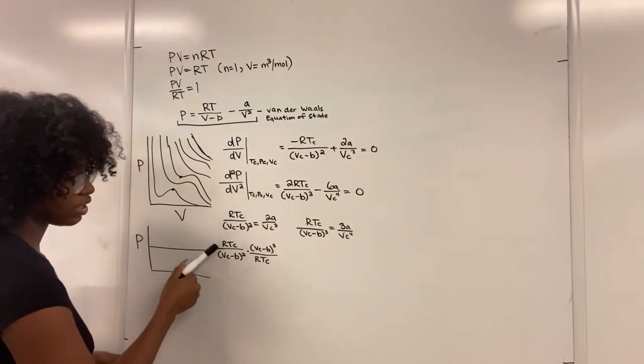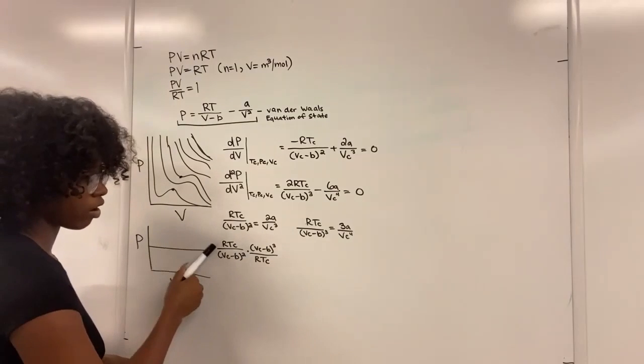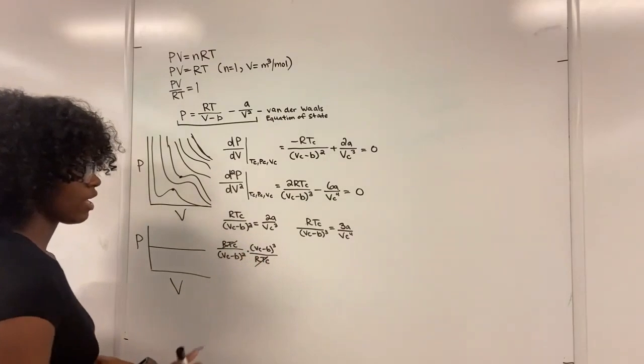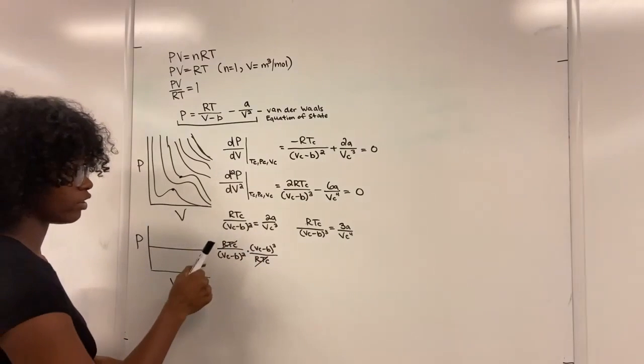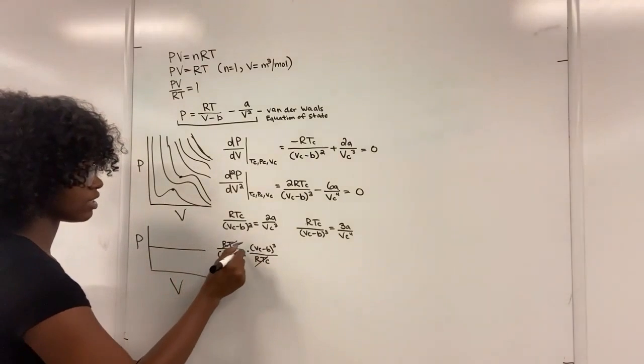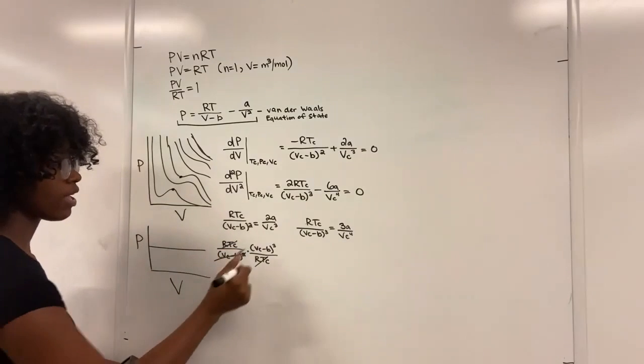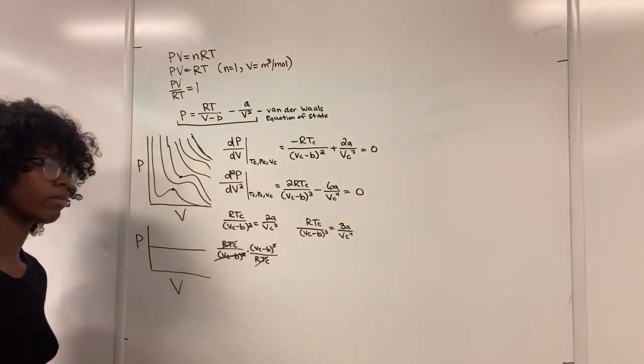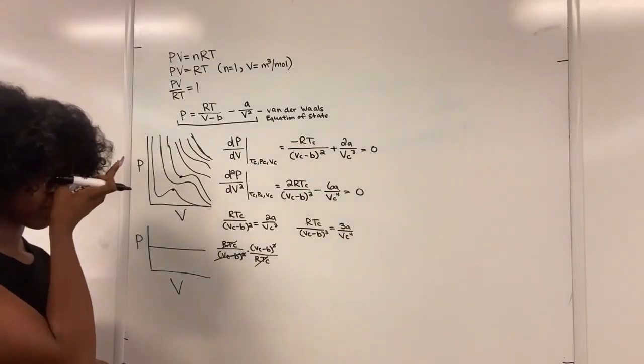So we can clearly see that our R times the critical temperature terms will cancel out. And we have this entire term canceling out, and this power of our critical volume minus B term reducing to 1.